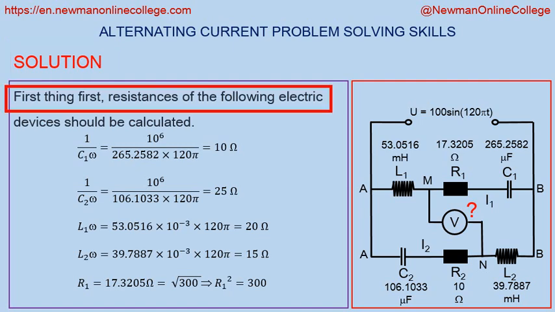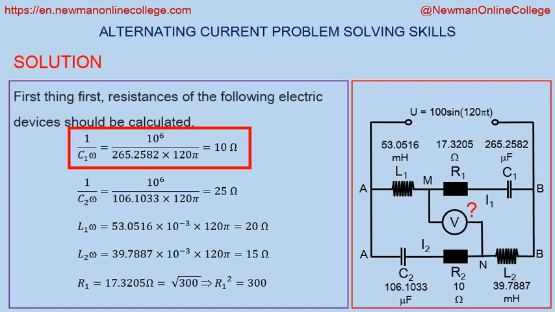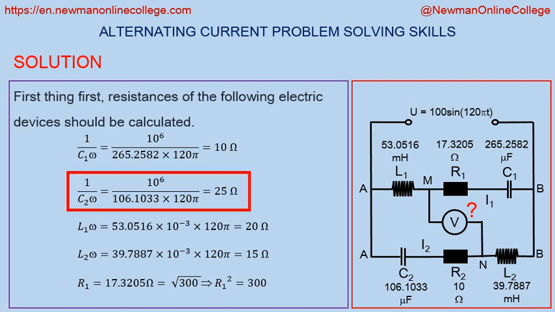Solution. First things first, the resistances of the following electric devices should be calculated. 1/(C1ω) equals 10^6 over 265.2582 times 120π, which equals 10 ohms. 1/(C2ω) equals 10^6 over 106.1033 times 120π, which equals 25 ohms.